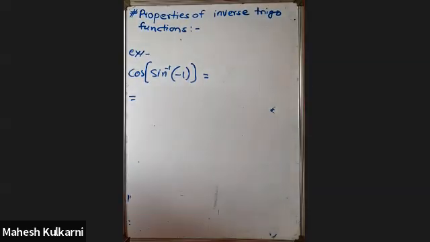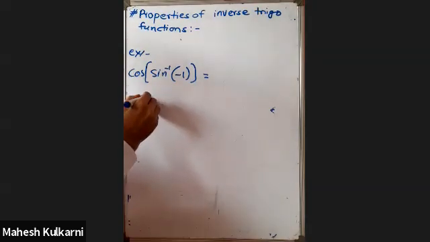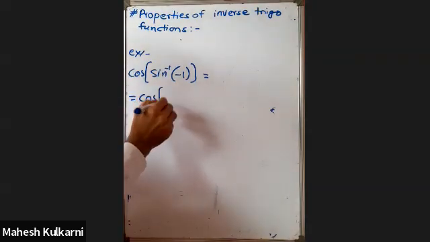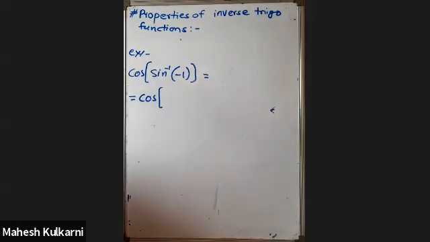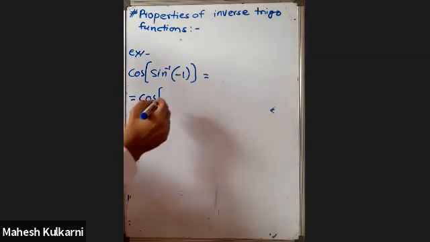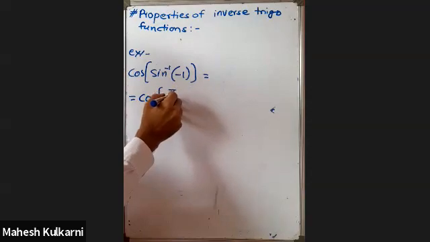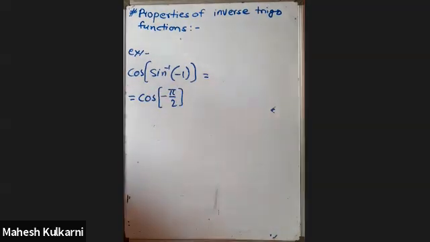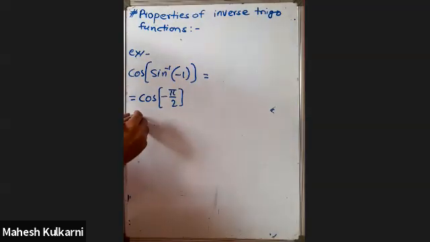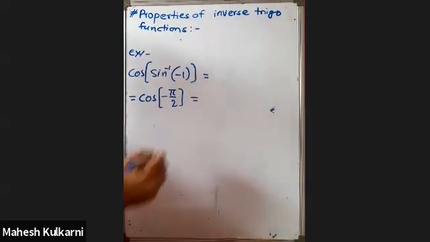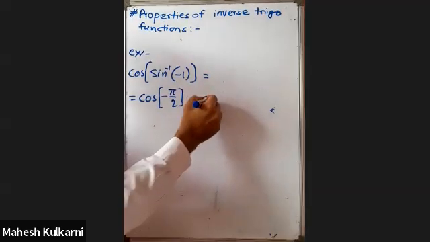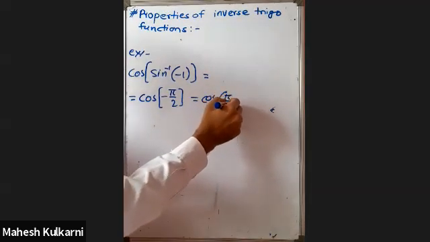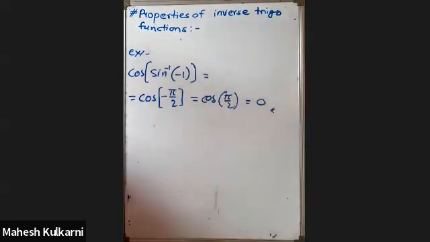Now sine inverse of minus 1. What is the value of sine inverse of minus 1? Put the value. It is minus pi by 2. And now write the value of cos of minus pi by 2. Cos of minus theta is always cos theta. And this value is 0.